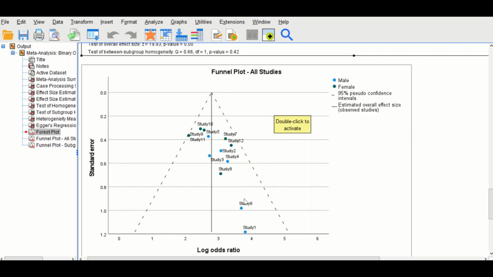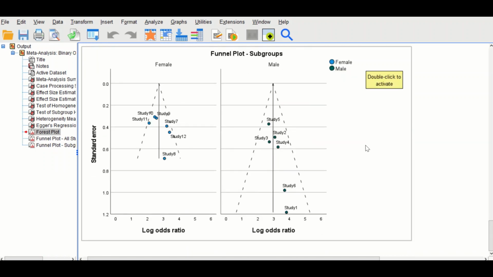And here there is bias of publication, as there are more odds ratios above the overall odds ratio than below it, as here we have 1, 2, 3, 4, 5, 6, 7 studies, and here 1, 2, 3, 4, 5. So 7 on the right side and 5 on the left. So there is bias in publication as shown by this funnel plot.